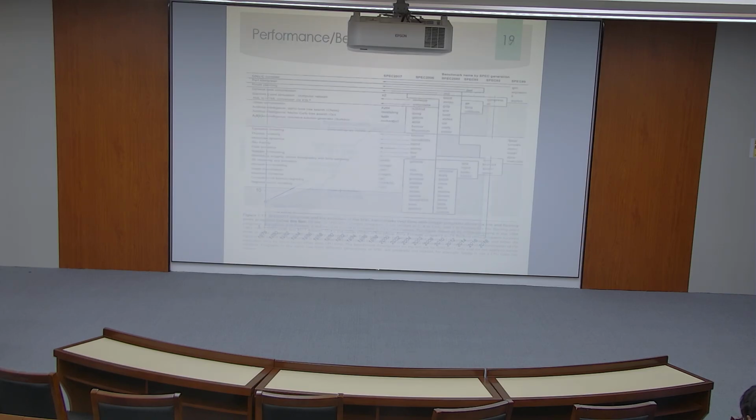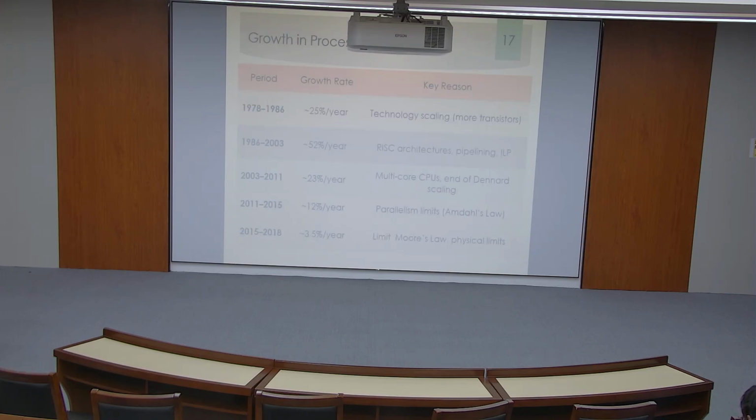Because there was the problem of the parallelism limit. Amdahl's law: we have a number of tasks that need to be handled by our computer system, but even though we have many cores on a single processor chip, not all tasks that a computer has on hand can be done in parallel.